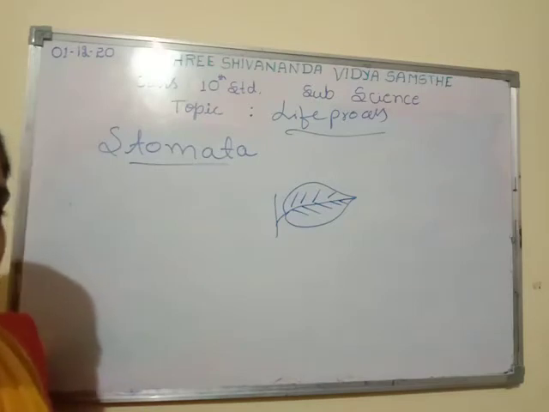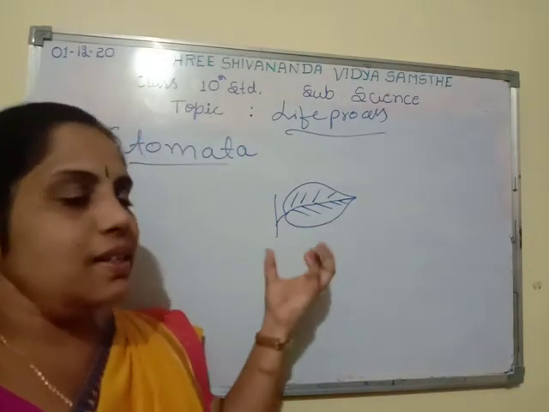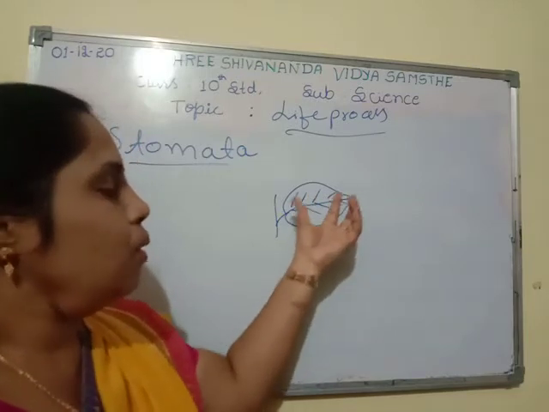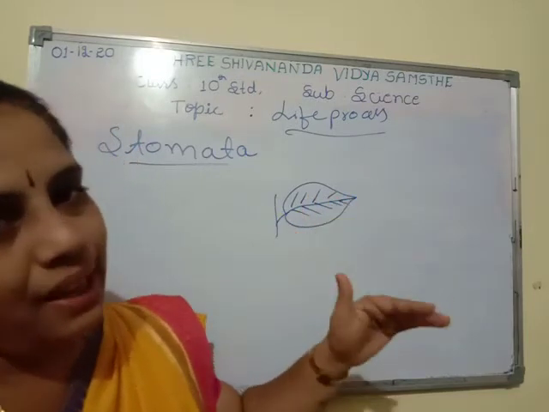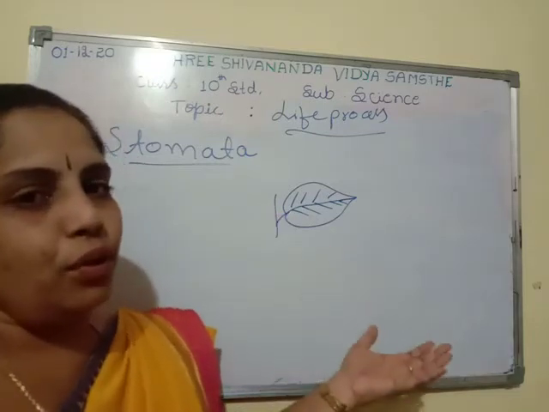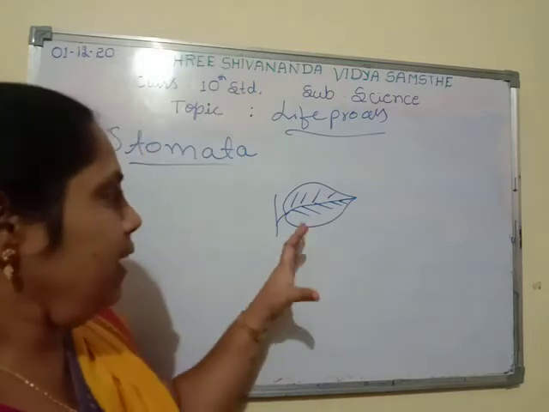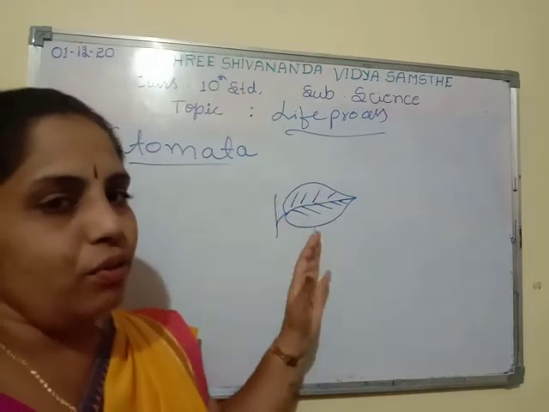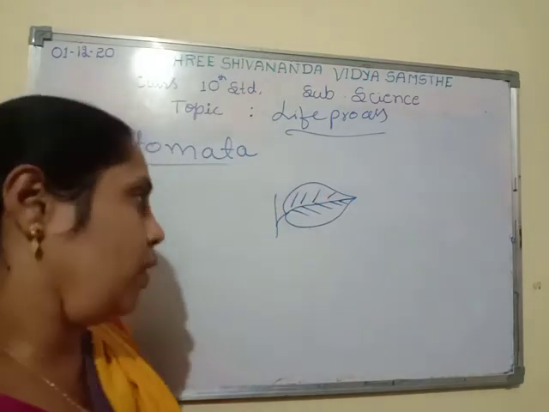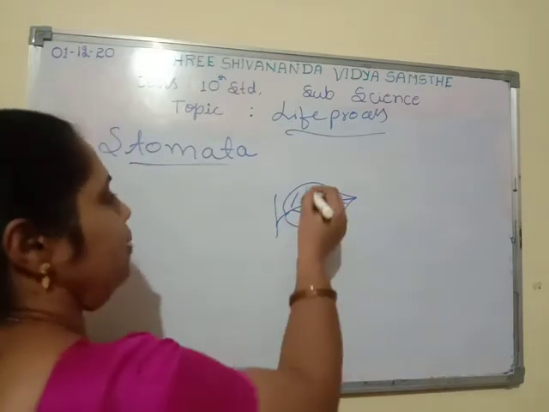What is photosynthesis? It is the conversion of solar energy into chemical energy. As a result, plants prepare their own food in the form of starch. So this leaf is very important for food production, and apart from this, it is also important because of the stomata.